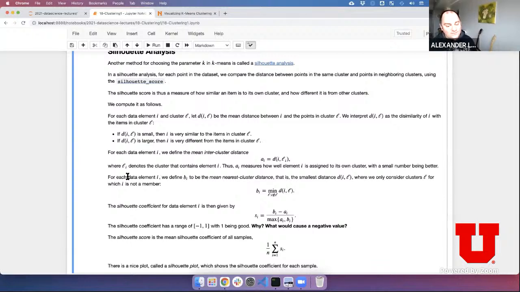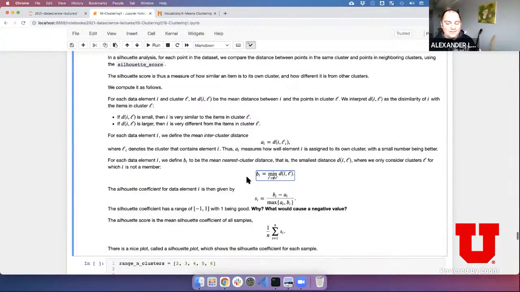And then for each element, we define a second term b(i), which means the nearest cluster distance. That is the distance where we only consider clusters that don't contain that particular item. So here we have the distance to the cluster where that element is contained. Here we have the distance to the nearest cluster that does not contain the element.